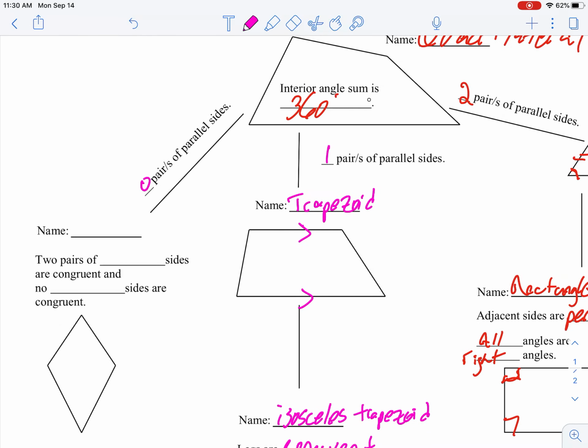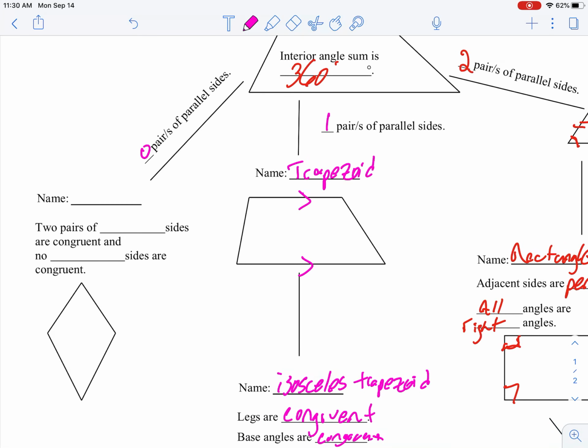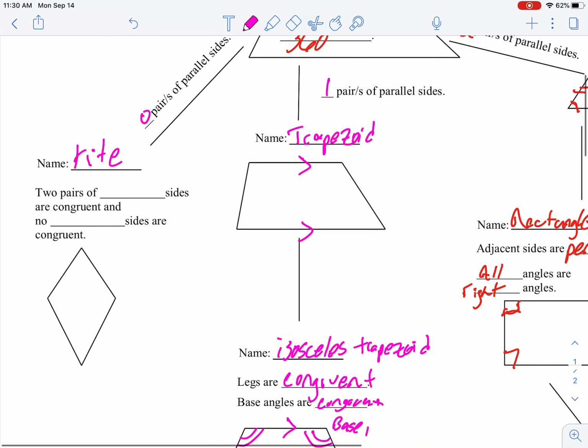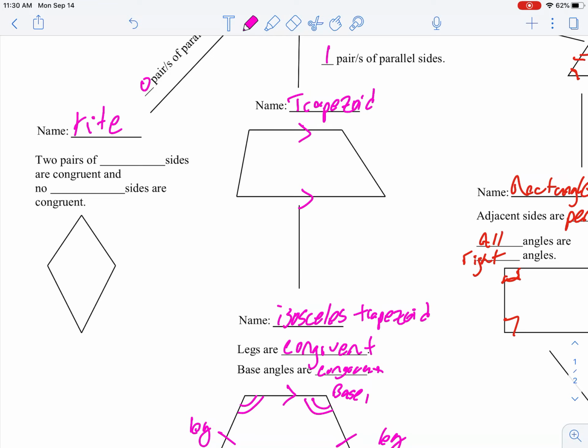And lastly, what if we had no pairs of parallel sides, okay? This is where we run into what is called a kite, okay? No pairs of parallel sides. The best thing that we can say is 2 pairs of adjacent sides are congruent. So that's what we mean by 2 pairs of adjacent sides are congruent. And no opposite sides are congruent.